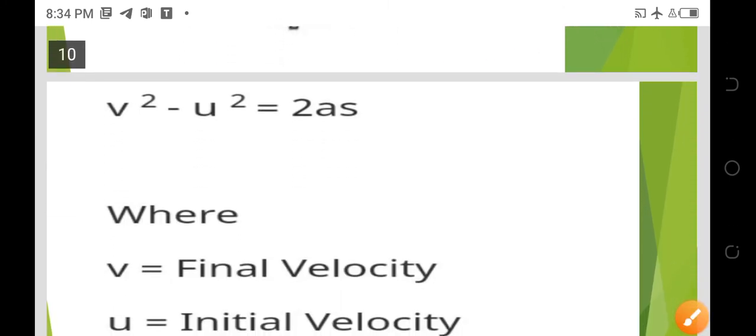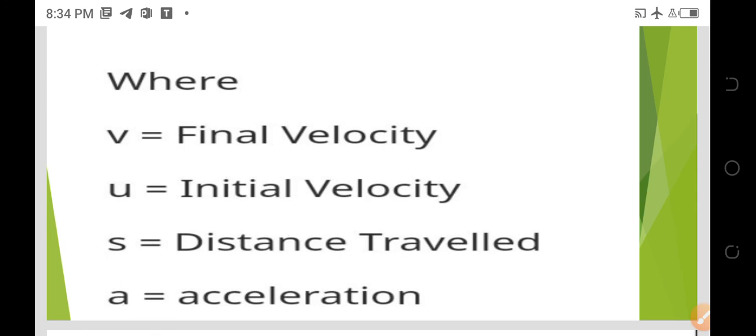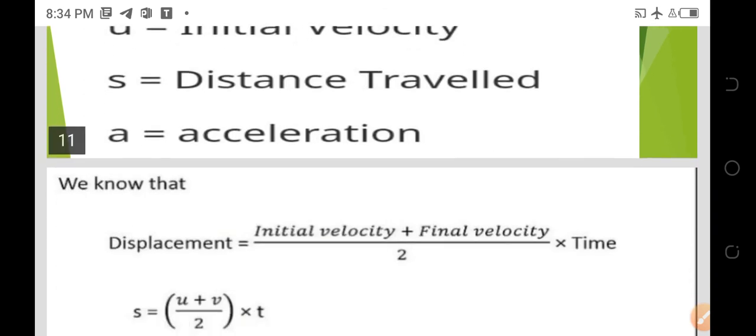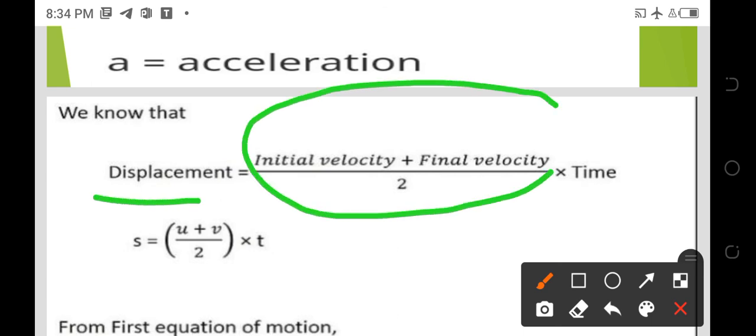And coming to the third one, which is v square minus u square equal to 2as, where v is the final velocity, u is the initial velocity, s is distance traveled or displacement, a is the acceleration. And you know very well the displacement formula: initial velocity plus final velocity by 2 into time.